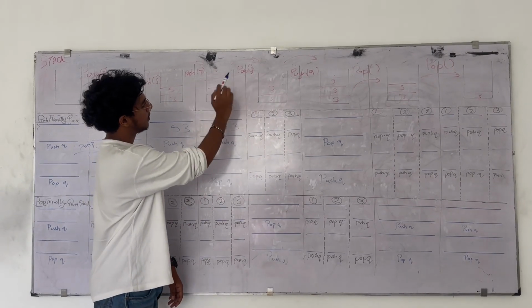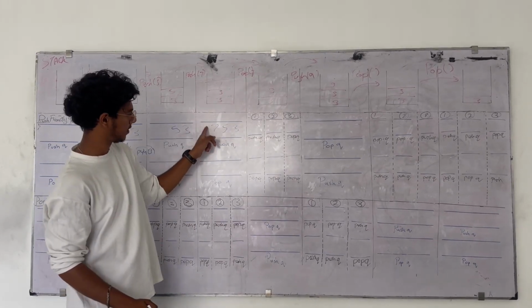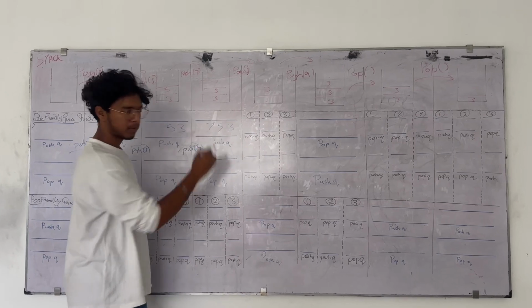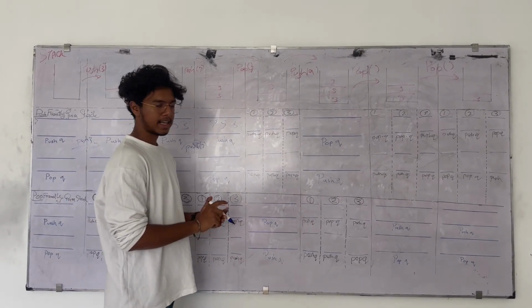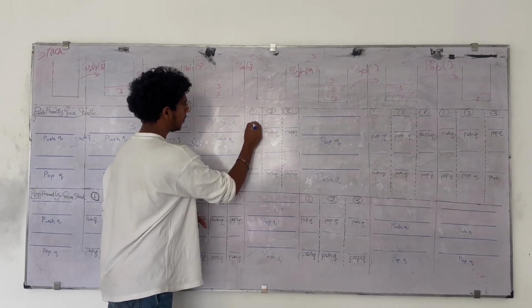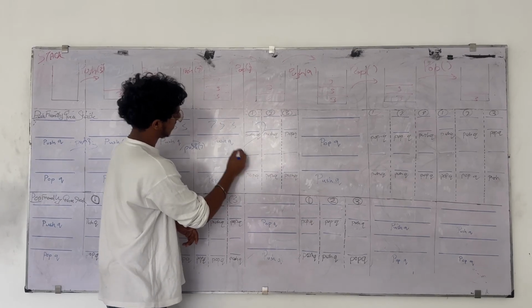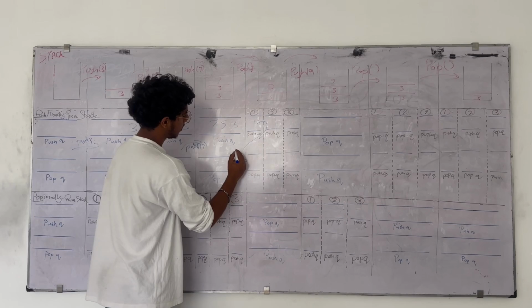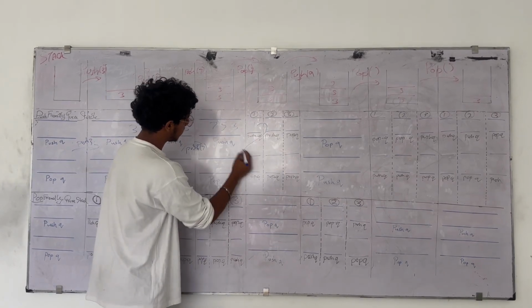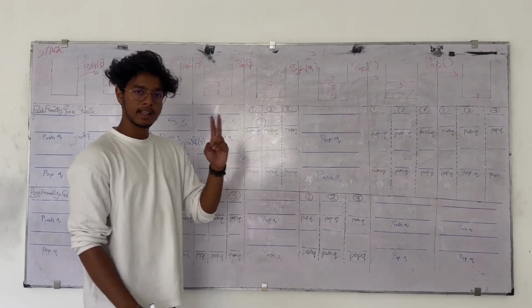The element we are supposed to pop is the top element, which is 7. So keeping only that element in the push queue, we move the rest of the elements to the pop queue below. That's the first step.